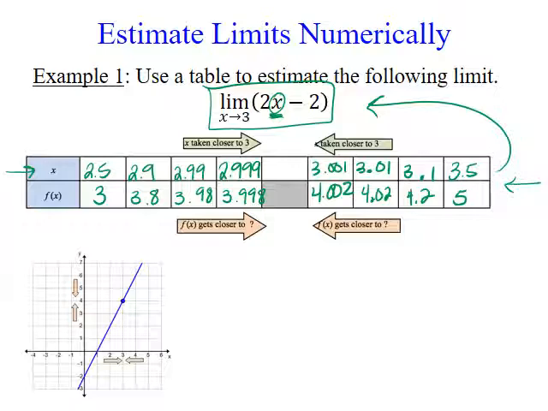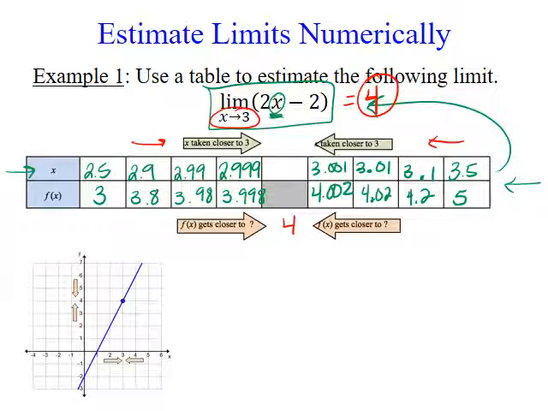As I can see from this chart, as x approaches 3 from the right and from the left, the function is approaching 4. Therefore, the intended height of this function as x approaches 3 is 4. In other words, the limit of 2x minus 2 as x approaches 3 is 4.